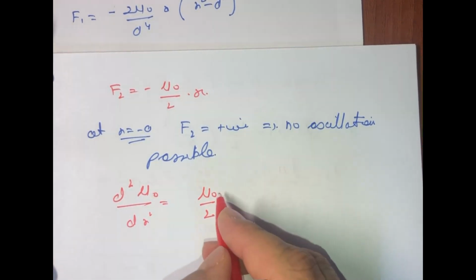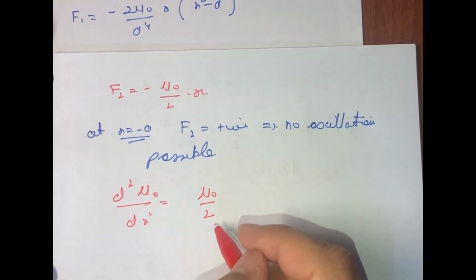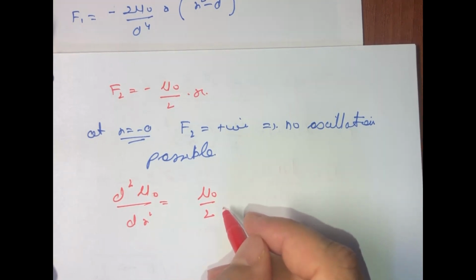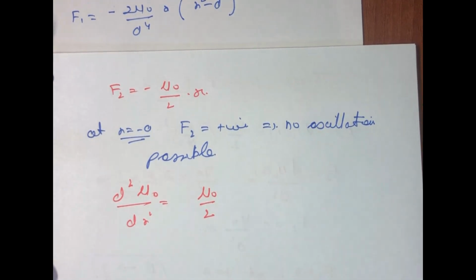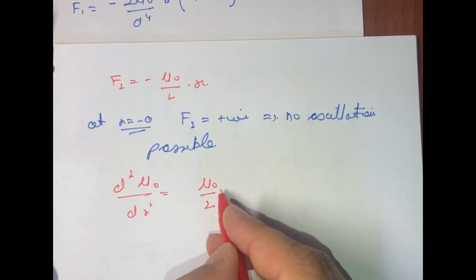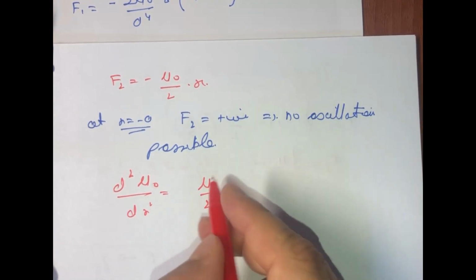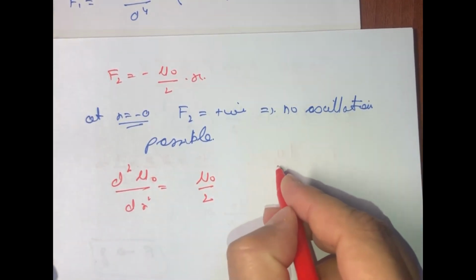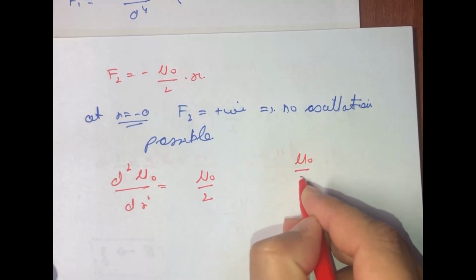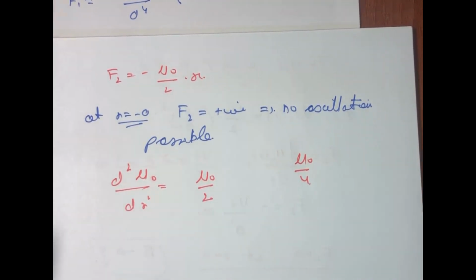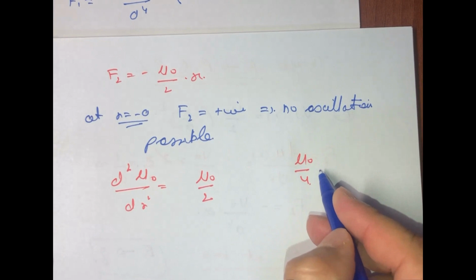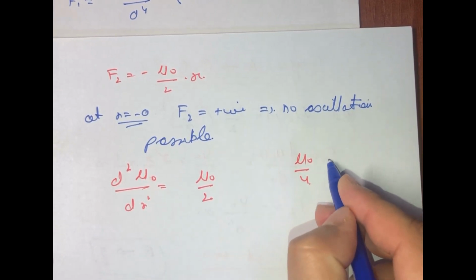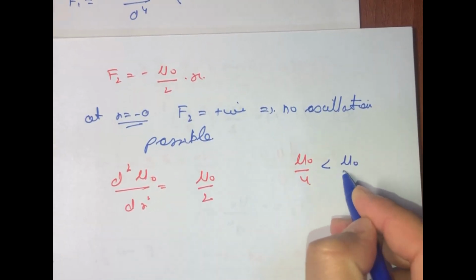So it means it is basically independent of, and if you make the comparison with u0 upon 4, you can say that u0 upon 4 is less than u0 upon 2.